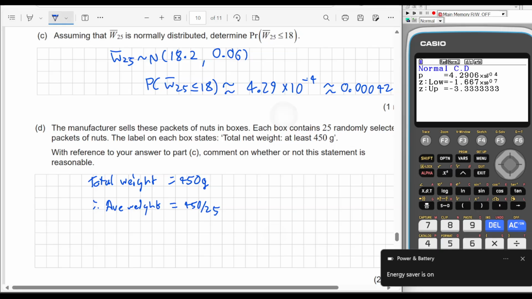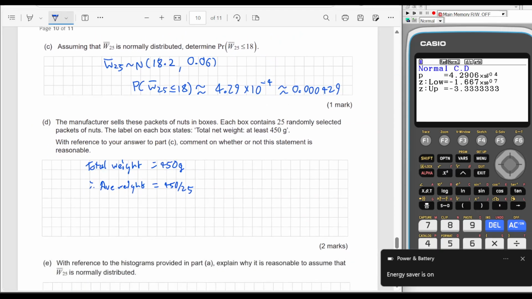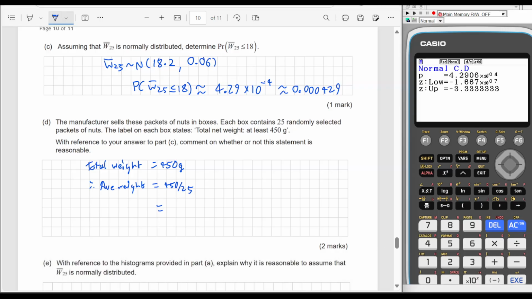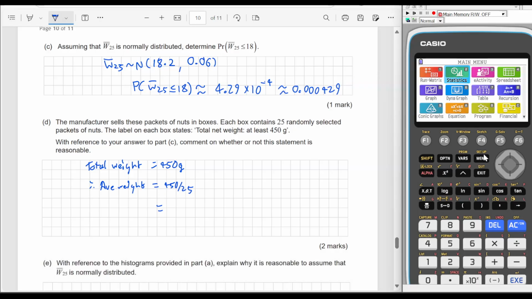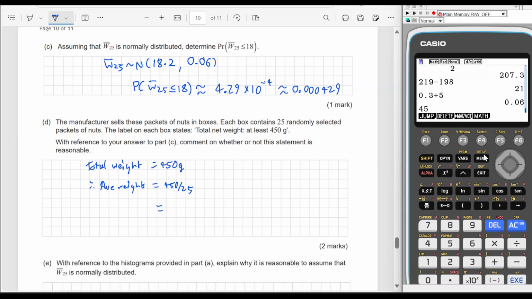There's 25 packets in a box. Okay, so let's see if we can get this. So 450 over 25, it's 18. And what do you know? That's heavily related to our answer from before.